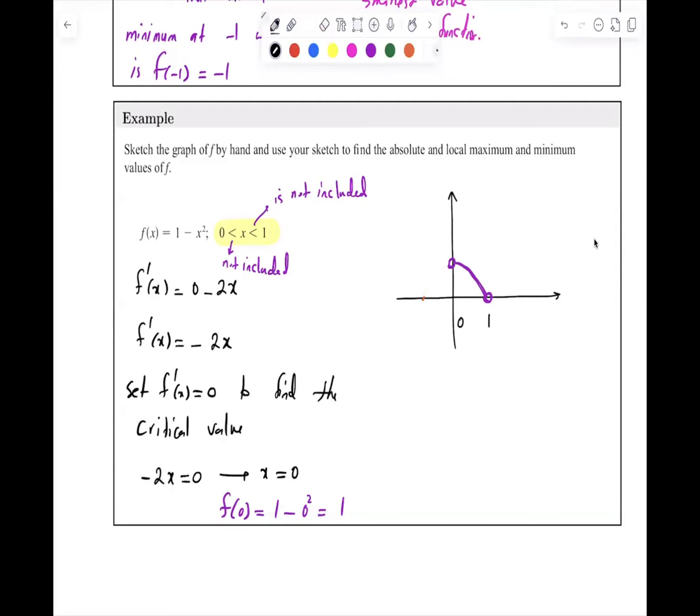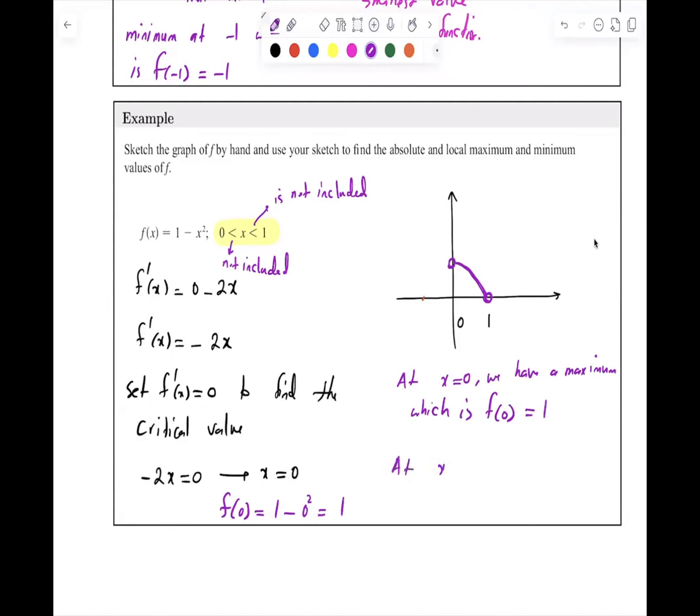Well, at x equals 0, you have a maximum, and at x equals 1, you have a minimum. So you're going to write it this way. At x equal to 0, we have a maximum, which is f of 0, and f of 0, as you know, is equal to 1.